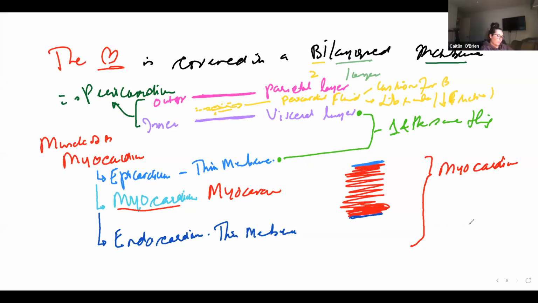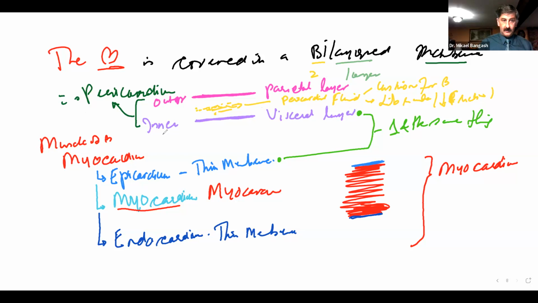Okay. So what were the layers of the pericardium? There were still two layers: the parietal pericardium, which was the outer, tougher, fibrous layer, and the inner layer of the pericardium, which we call the visceral pericardium.